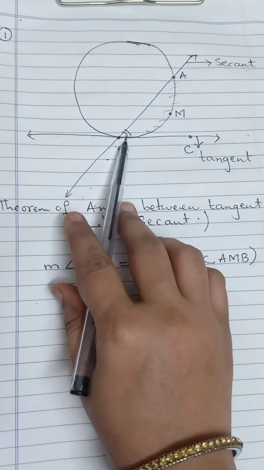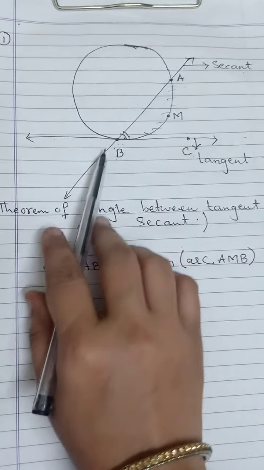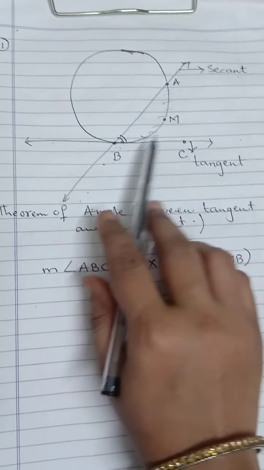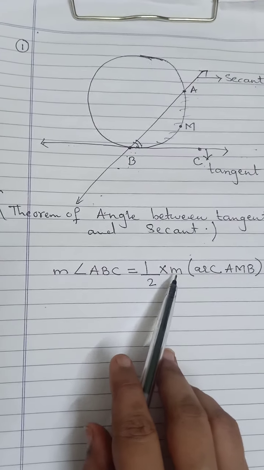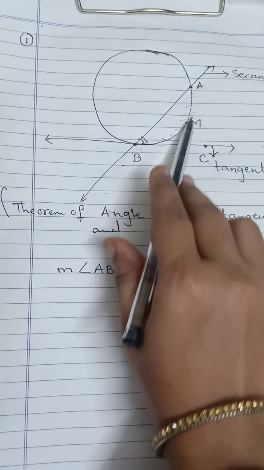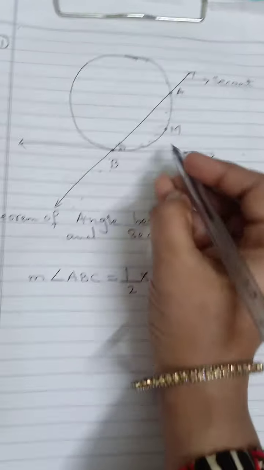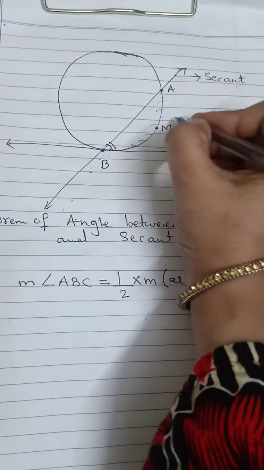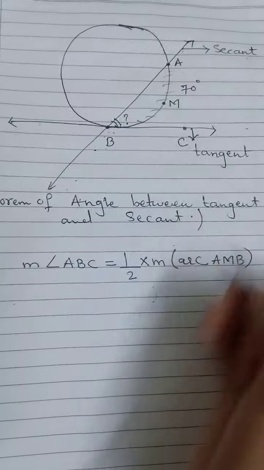Again I will explain to you. If an angle is made up of a secant and a tangent, the measure of this angle is half of the measure of its intercepted arc. The intercepted arc is nothing but AMB. For example, if the measure of arc AMB is equal to 70 degrees, then we have to find this angle.